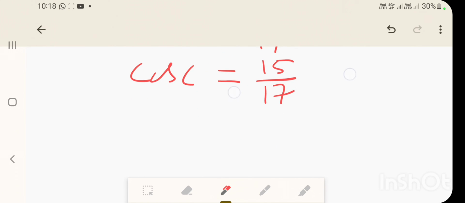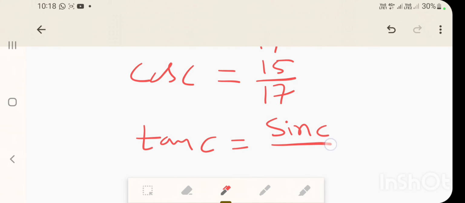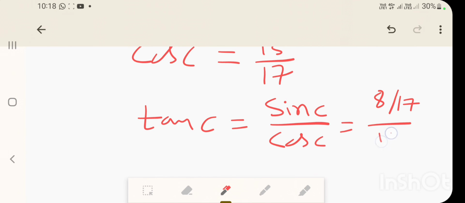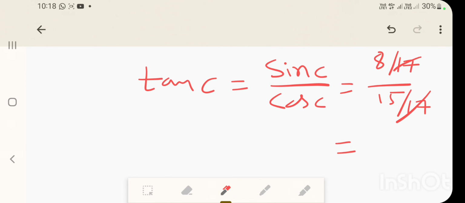Now for tan C, you can calculate directly from the diagram, or you can take the ratio of sin C by cos C. Sin C is 8 by 17 divided by 15 by 17. Here we can cancel the 17 in both numerator and denominator.